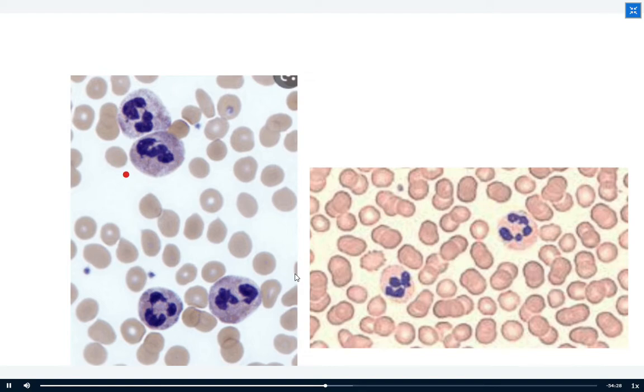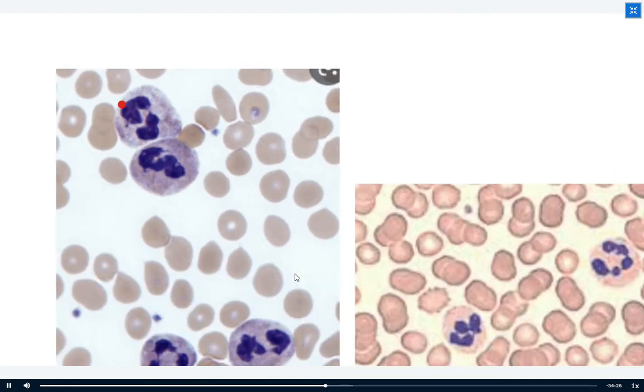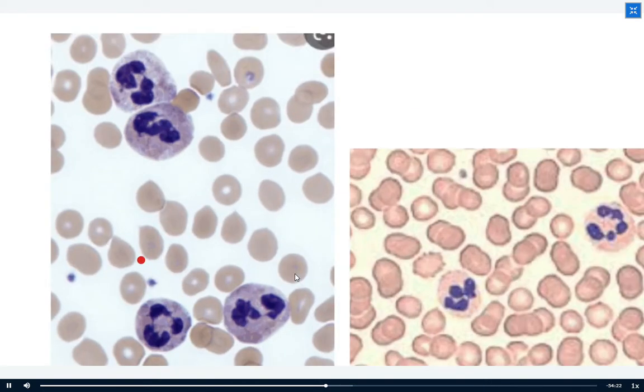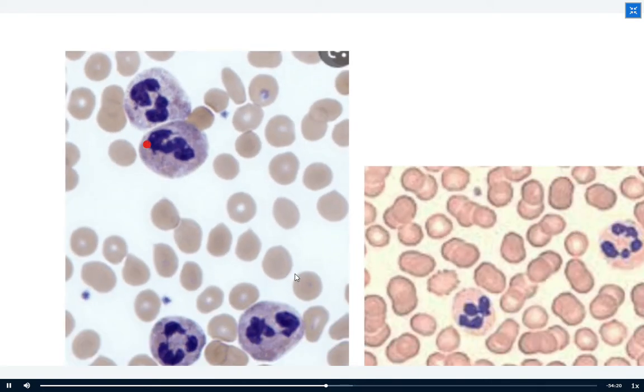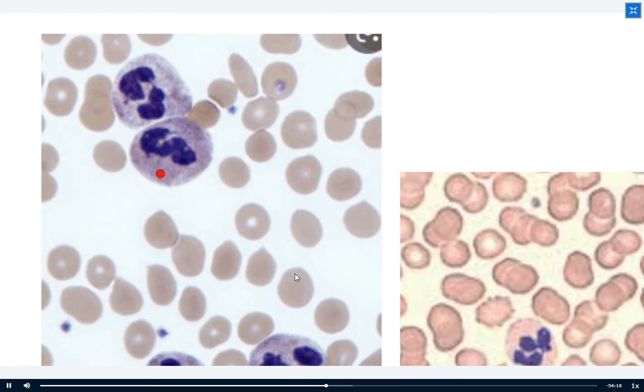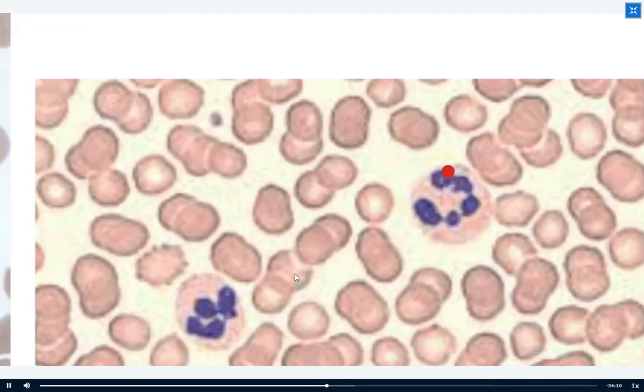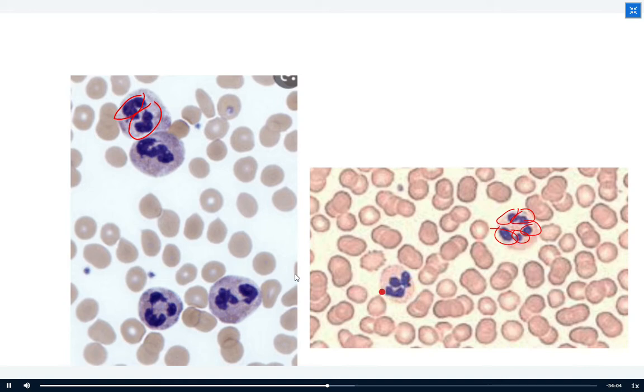So this is the appearance of your neutrophil. If you notice, class, they would have fine lilac granules that are not easily visible. Yan sila. And they would have 2 to 5 lobes. So 1 lobe, 2 lobe. Now let's look at this. 1, 2, 3, 4, and 5. Now this would be the appearance of your neutrophils.